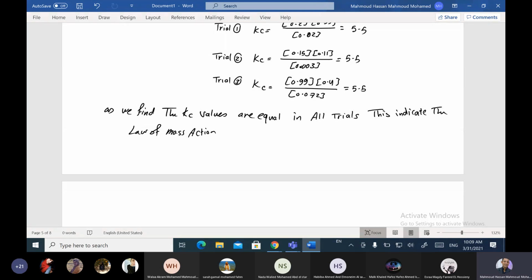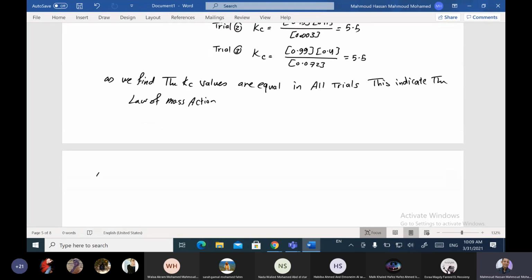Note: if he asks you whether the reaction is at equilibrium or not, calculate the Kc.